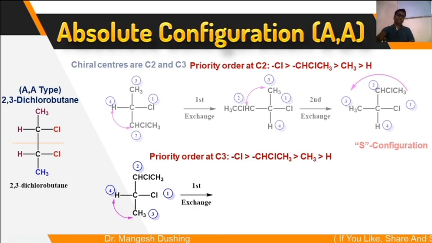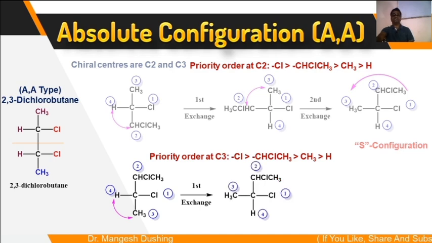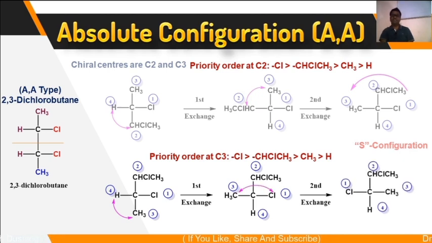So the exchange between third and fourth, and you will get this compound. Again you have to do the second interchange to make the second priority group at the top. But if you look carefully, the second priority group is already on the top. So just exchange the positions of 1 and 3 priority groups. So you will get this one.